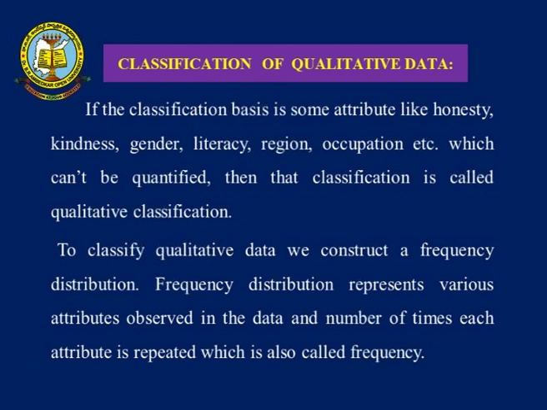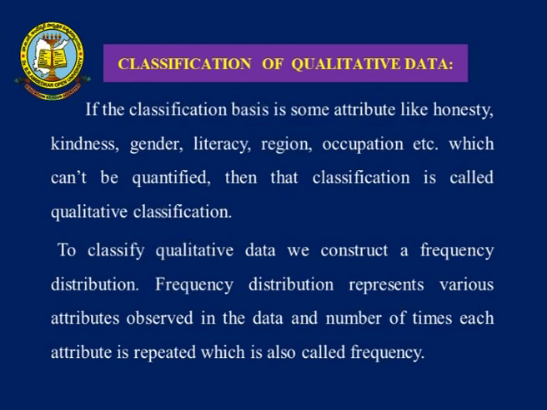If you want to measure honesty, that is why the data cannot be quantified. If the classification basis is some attribute like honesty, kindness, gender, literacy, region, occupation, etc., which cannot be quantified, then that classification is called qualitative classification.